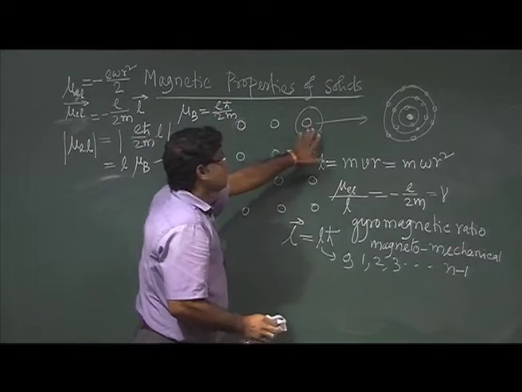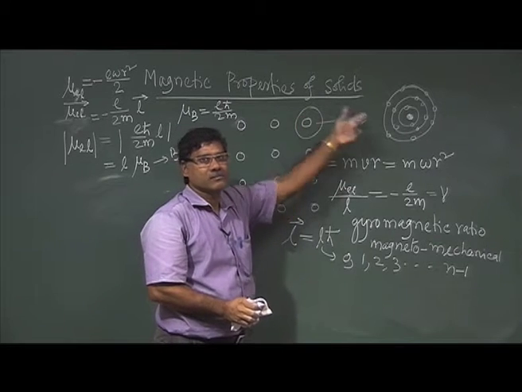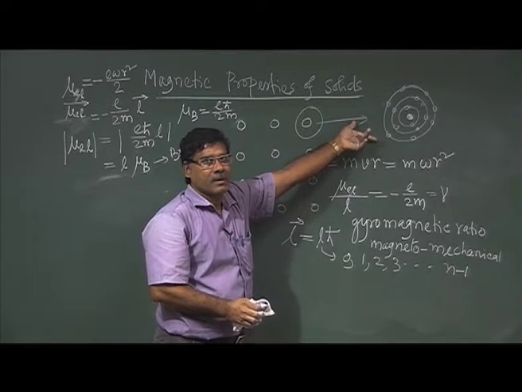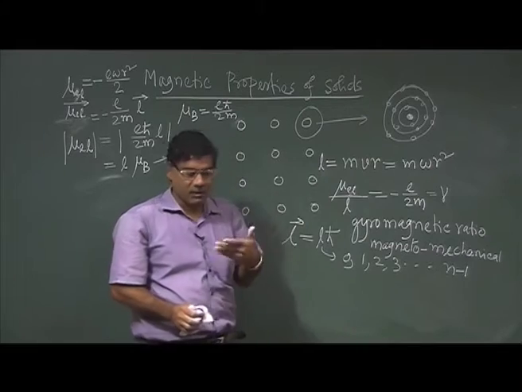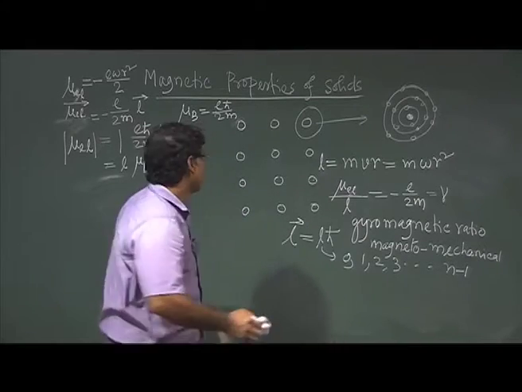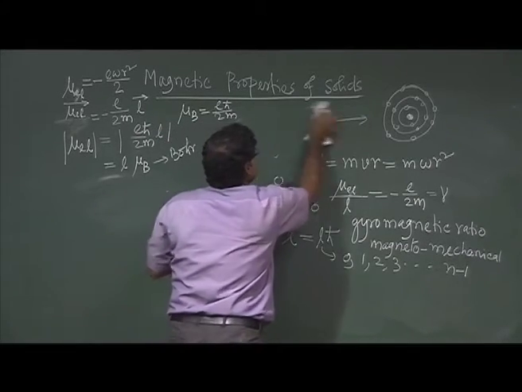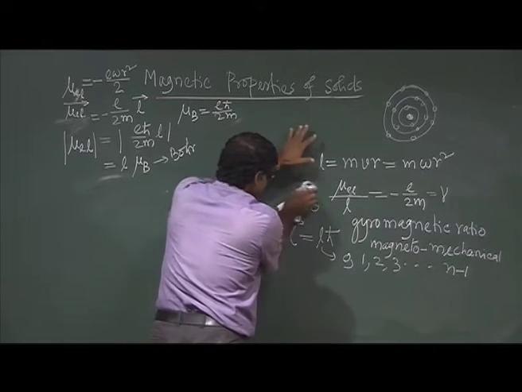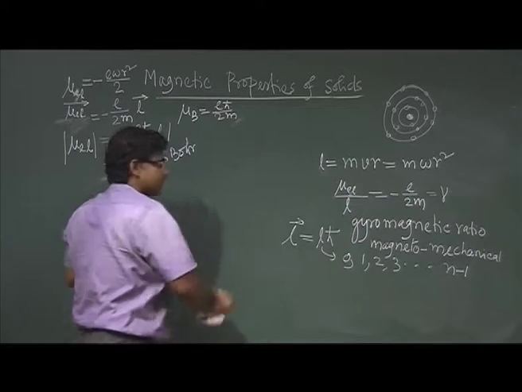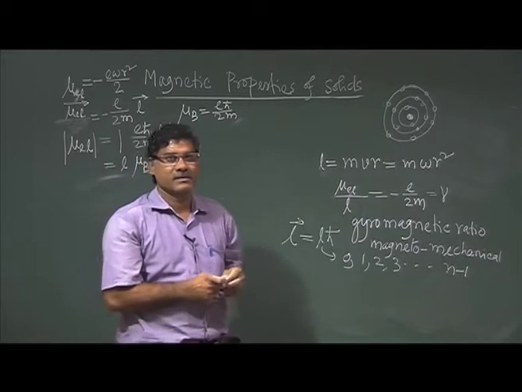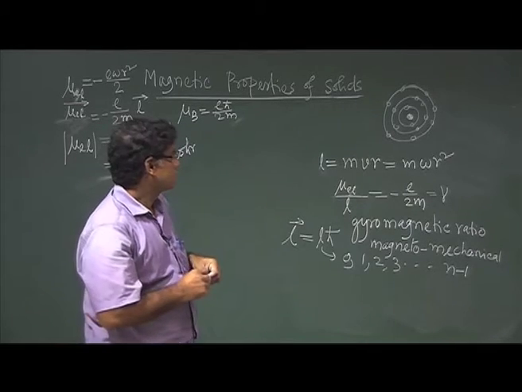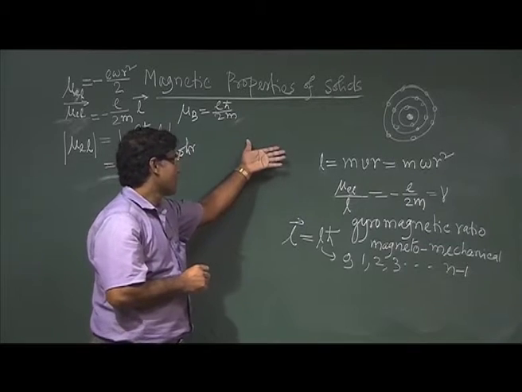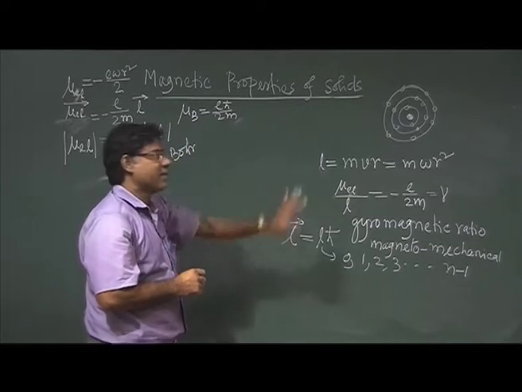So, we are dealing with this one atom, right, and in one atom how this magnetic moment is coming. So, this lattice, we will put these atoms in this lattice and then see the overall effect from the material. So, that will come later.